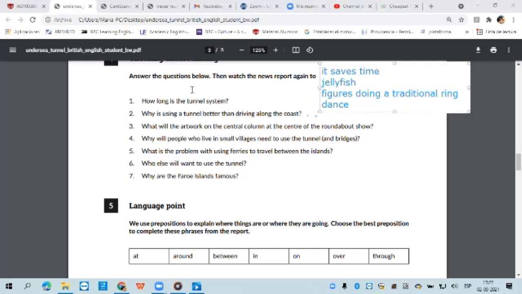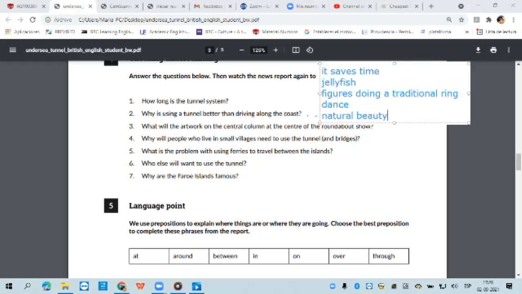Bad weather, usually. Number 6, who else will want to use the tunnel? Tourists, definitely. Finally, why are the Faroe Islands famous? Because of their natural beauty. Very good.